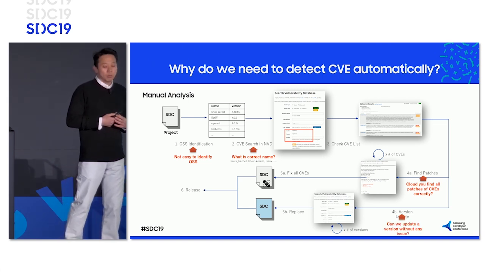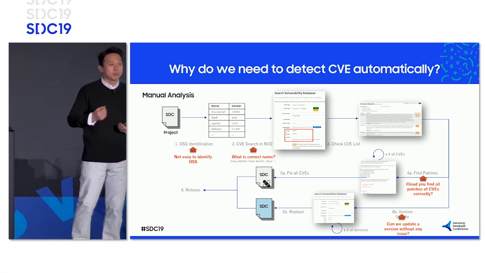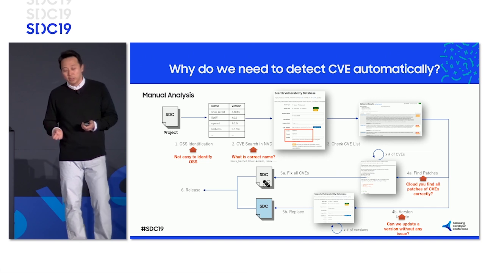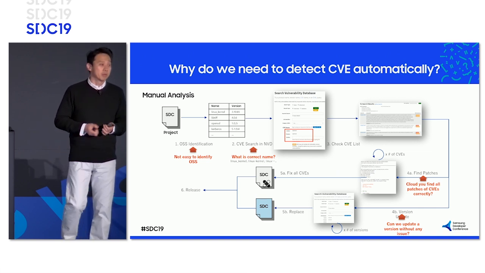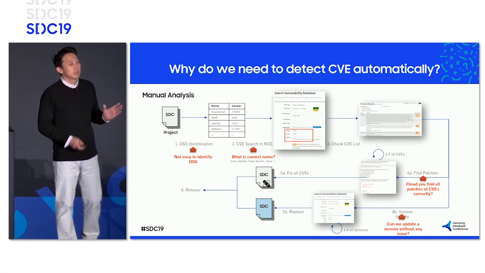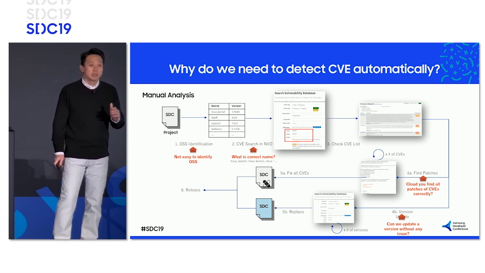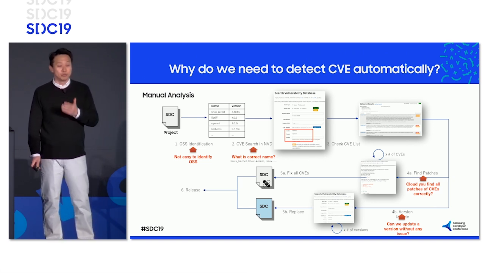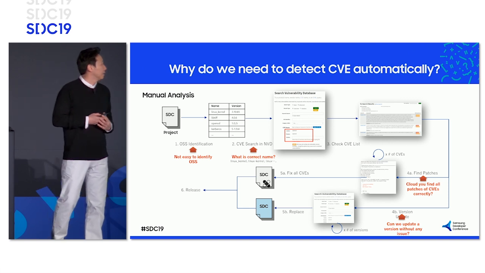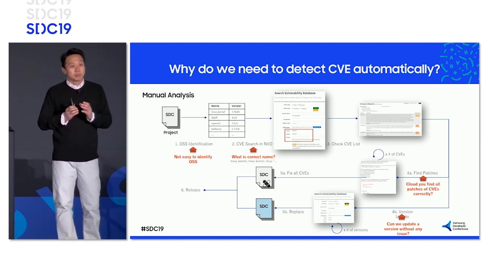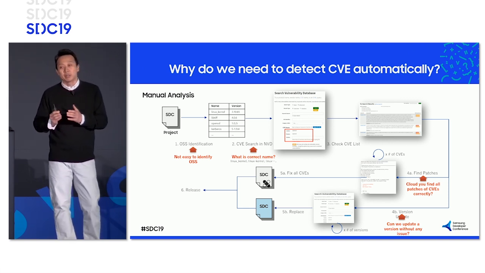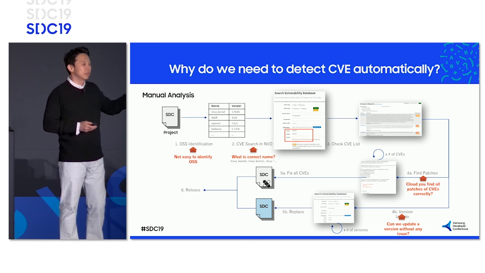And when we change our software to the latest version, it also has some problems. Sometimes the developer modifies the open source he is using, and sometimes the open source changes the API or function or parameter. So we cannot apply this way.